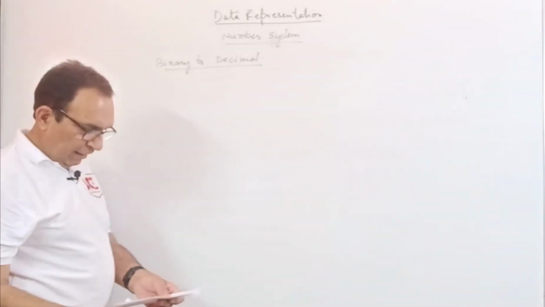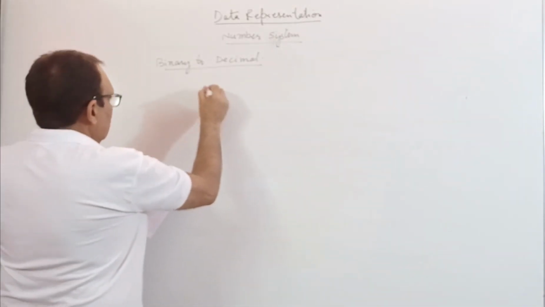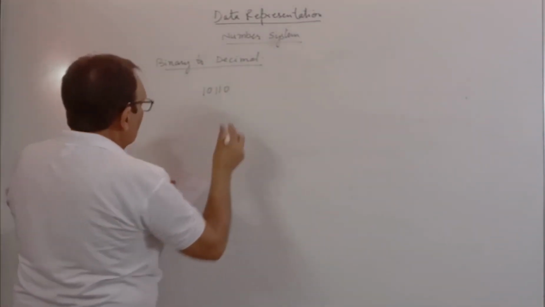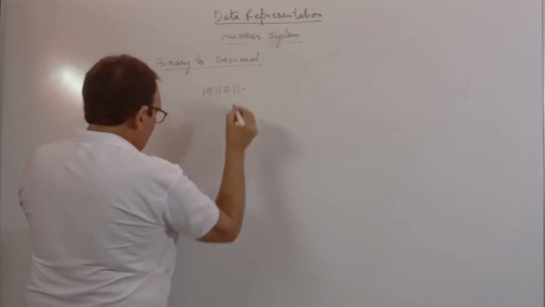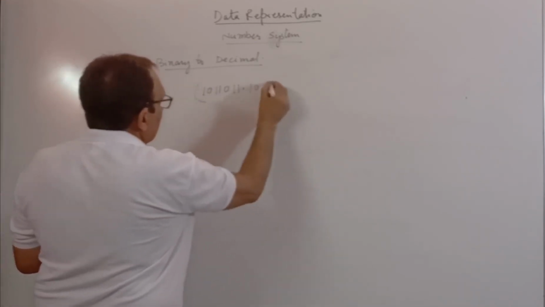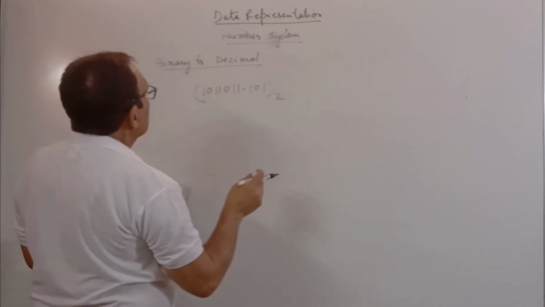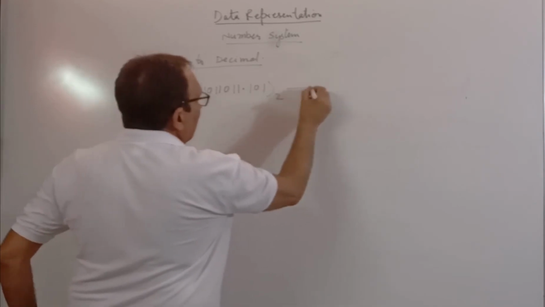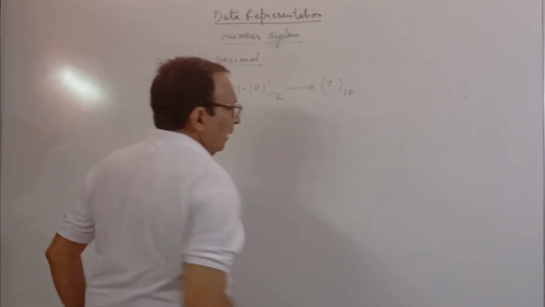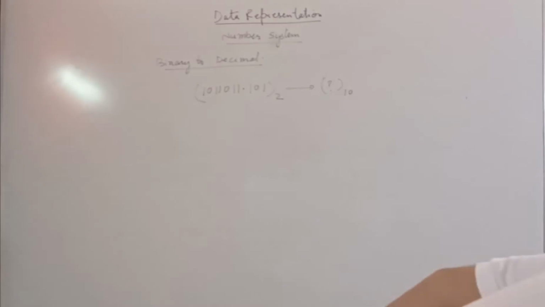Let us take one example, and here is this 1011011.101 base 2. It is to be converted into its equivalent decimal number. Let us take this case and see how it can be done.